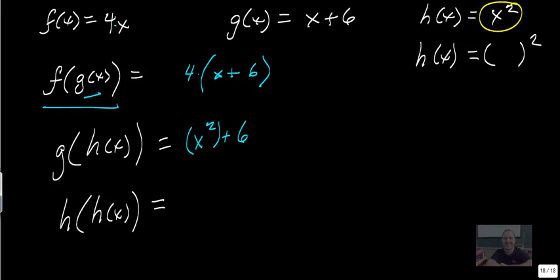What you have to do is put the h of x function, which is this in yellow, inside the h of x function, which happens to be itself. So you need to put an x squared in for where x goes. So you end up having x squared squared. So it's inside of itself, simplified to x to the 4th.